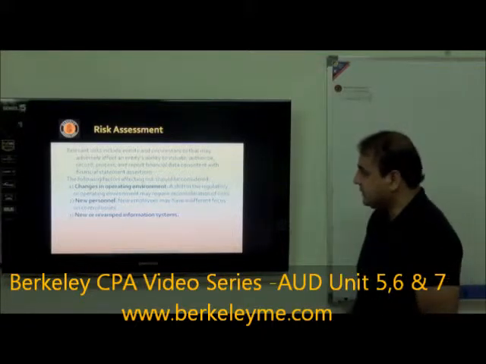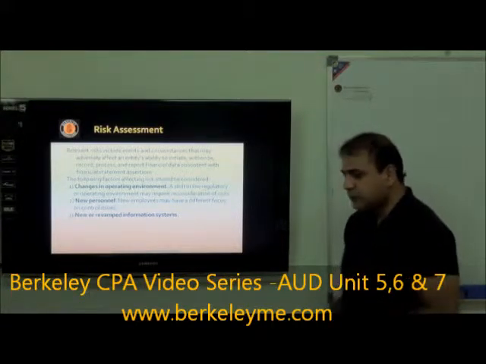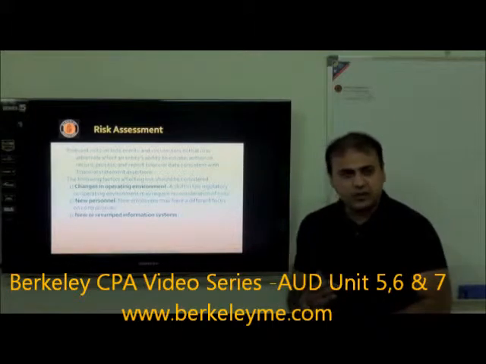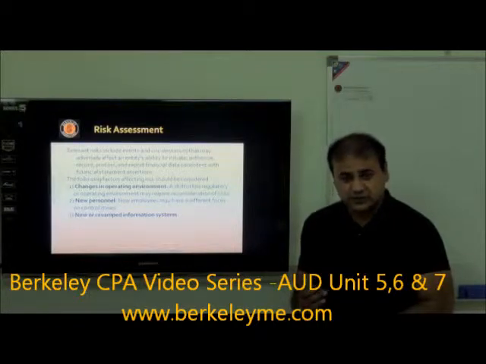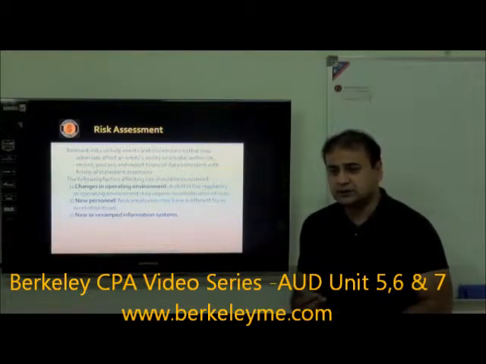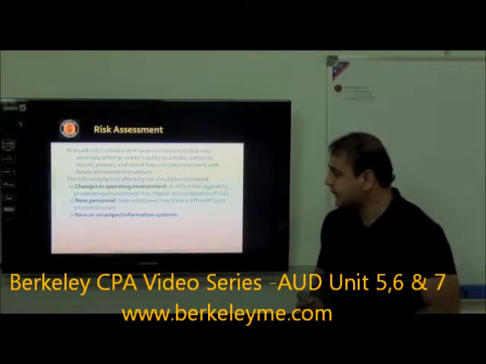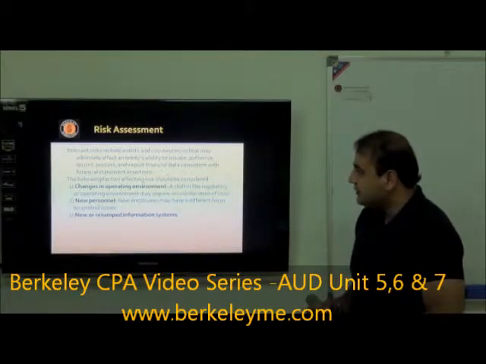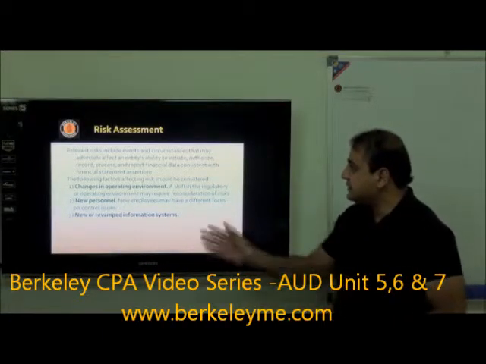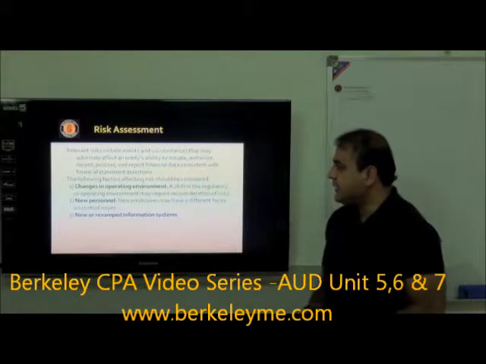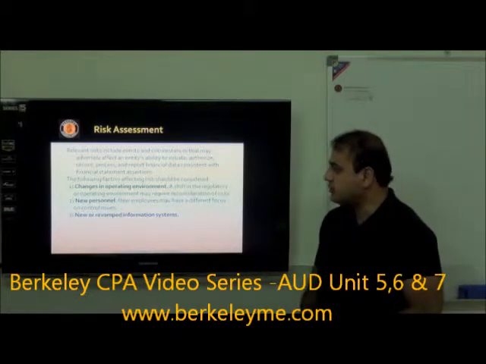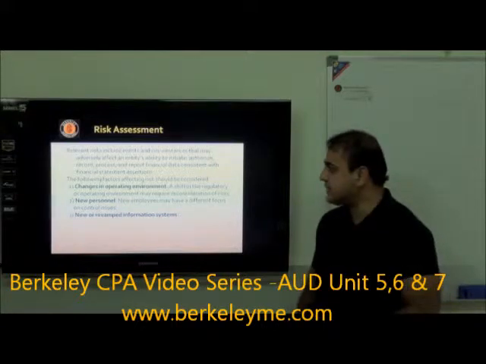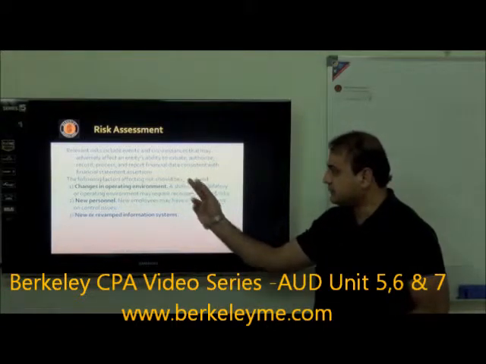Now let's discuss the risk assessment. We are discussing the 5 components, COSO. So we just completed the first one. Now it's R, that is for risk assessment. Relevant risks include events and circumstances that may adversely affect an entity's ability to initiate, authorize, record, process, and report financial data.